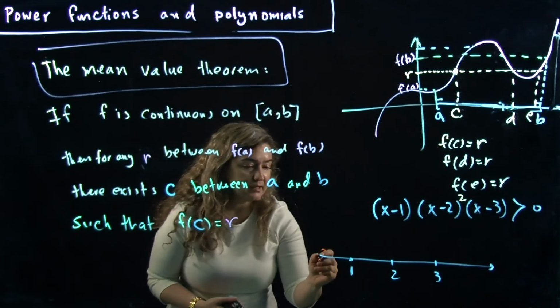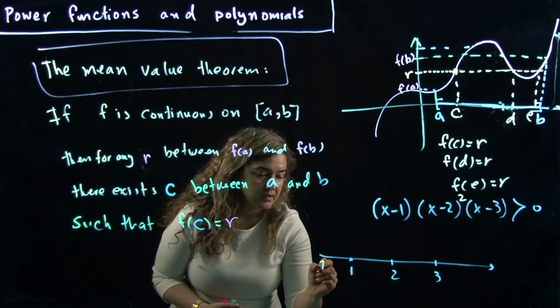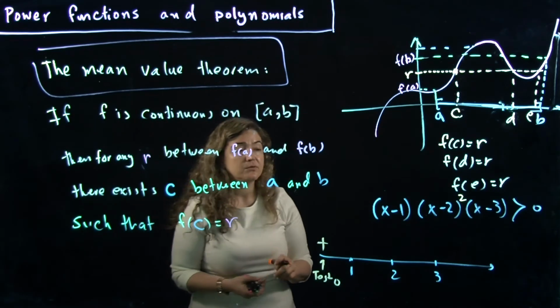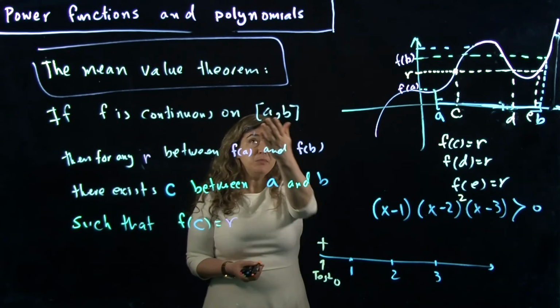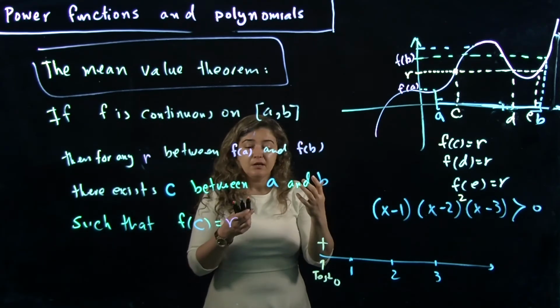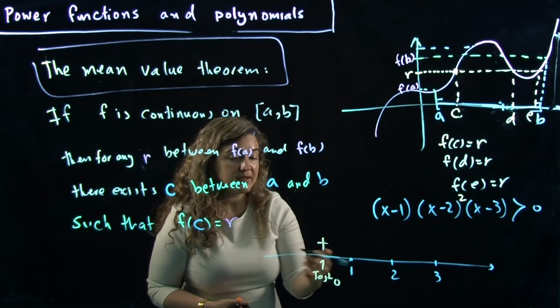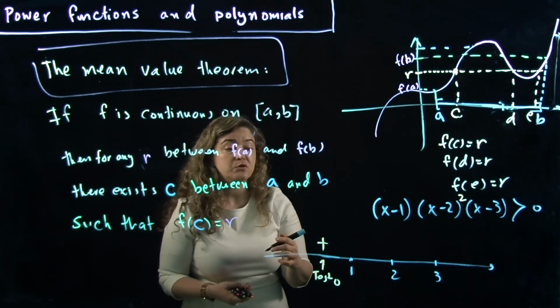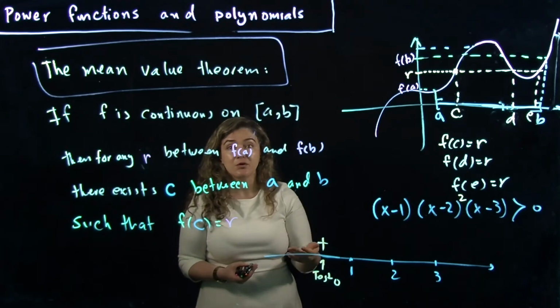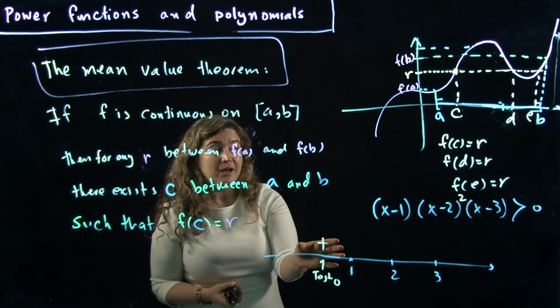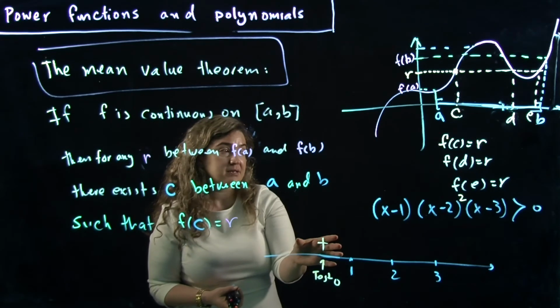So testing 0, I get a positive value. And the mean value theorem actually guarantees for us that everything from negative infinity to 1, which is the first zero of the function, is going to have positive y values.